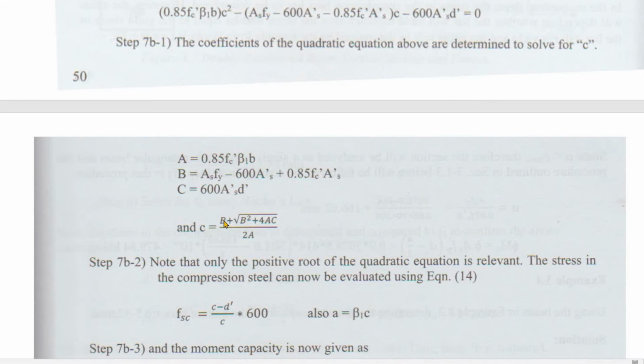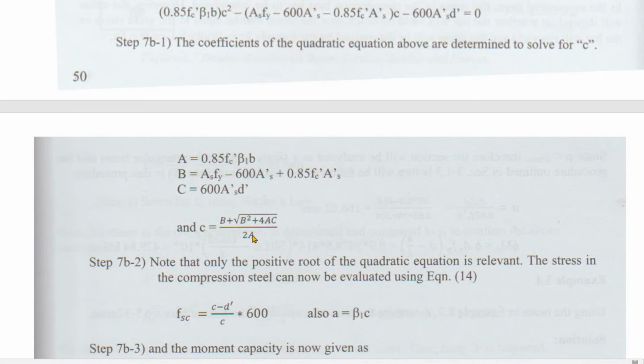Wherein, the capital B is this: A as Fy minus 600 A prime S plus 0.85 F prime C times A prime S. Take note that those are given. Then the capital A is 0.85 F prime C beta times B. Given din yan.